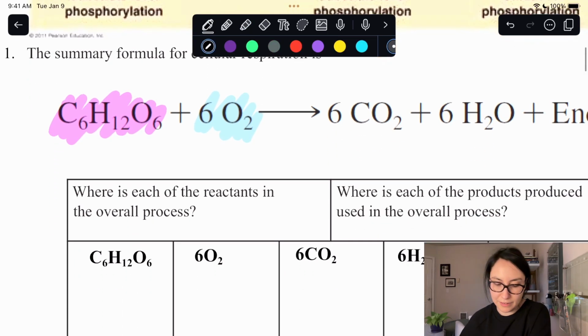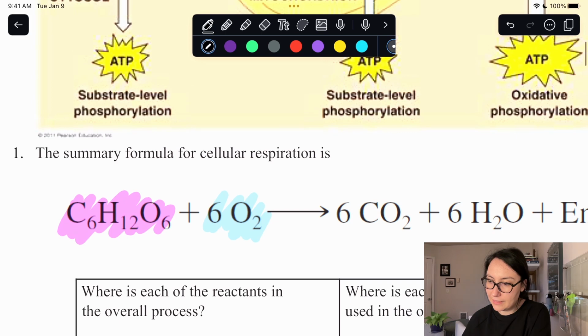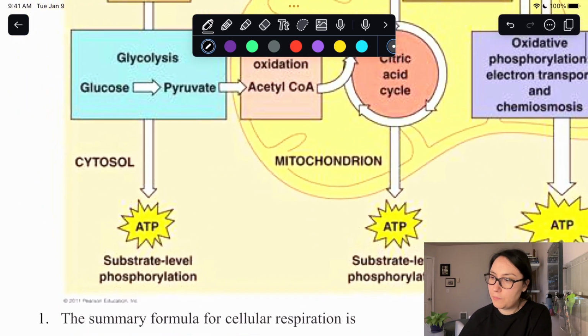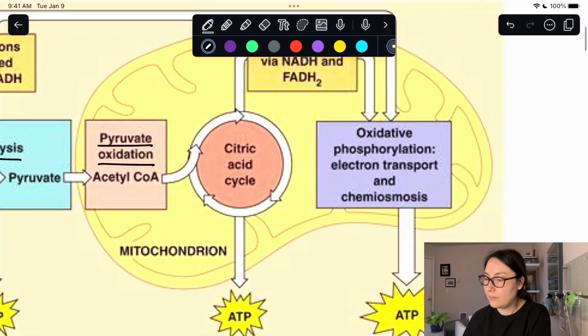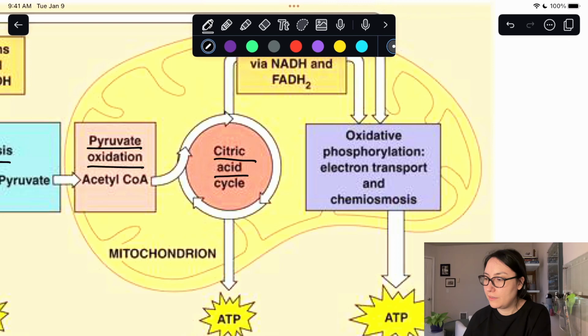So you're going to put down here, not these two, because they are the reactants in the equation, in stoichiometric formula over here. But what you're really saying is, where exactly do they fall in this whole process? Is it oxidative phosphorylation?